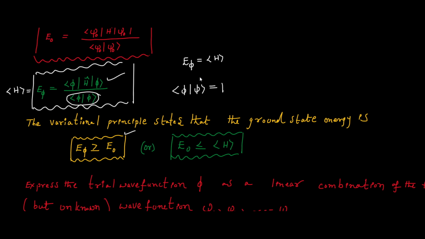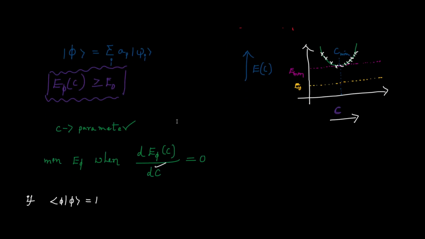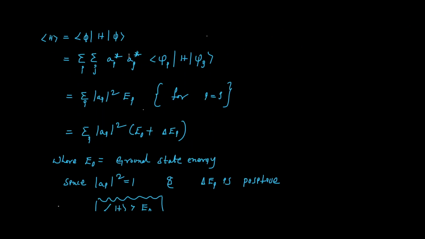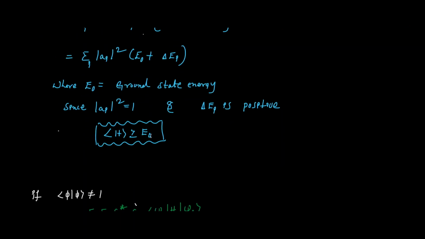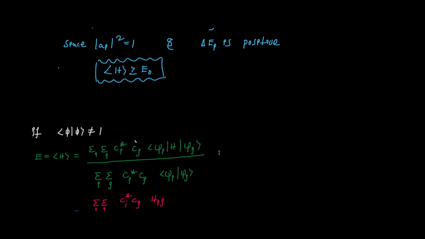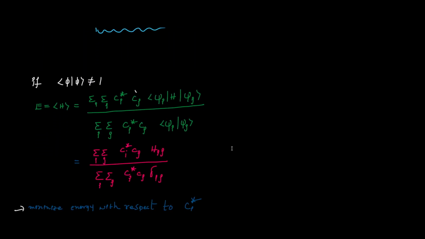If the trial wave function is not normalized, then you can use this type of condition. If it is normalized, you get the variation principle statement. If the trial wave function is not normalized, you get the secular equation. So this is the derivation of the second case.